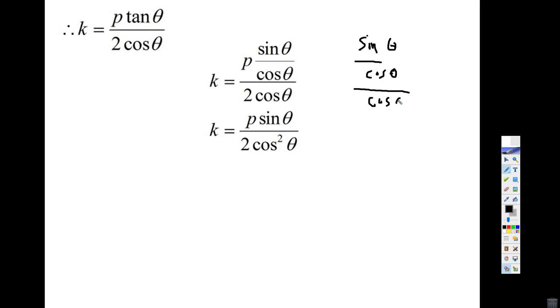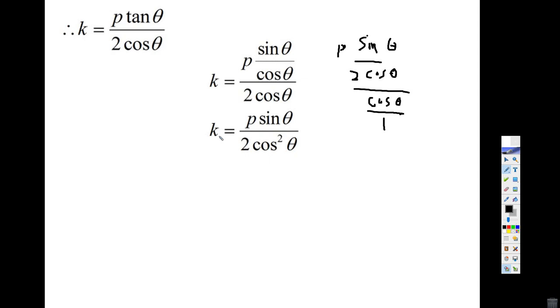So you tip this upside down, and it becomes 1 over cosine, because you're dividing by it, and then you multiply. By the way, there's a 2 and a P here as well, but you just multiply. The cos times cos gives you cos squared. Well, then you've got your final answer. That's what we were trying to prove. K equals P times the sine of theta all over 2 cos squared theta.